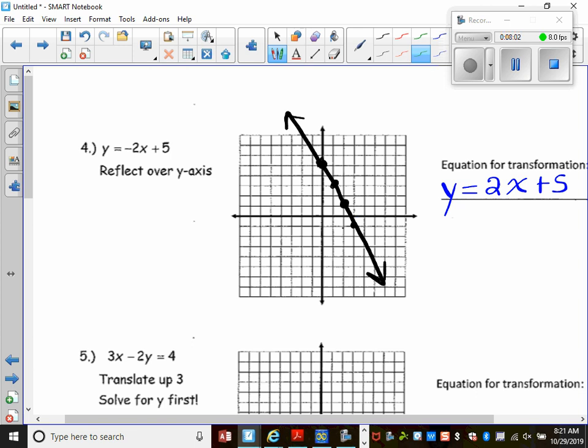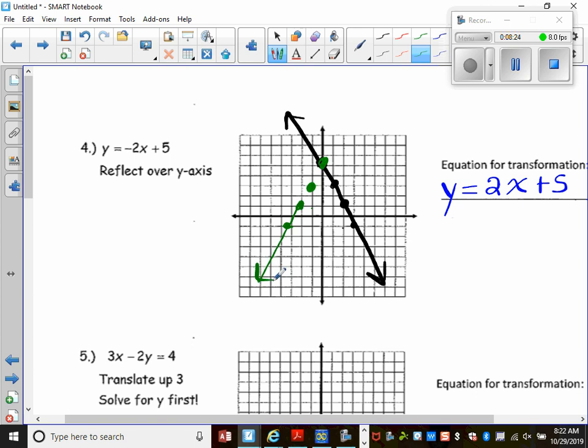Notice the y-intercept doesn't change, so I'm going to start at positive 5 again. And this time the slope is positive, so I'm going to do a double negative. So I'm going to go down 2 over 1, down 2 over 1, down 2 over 1.